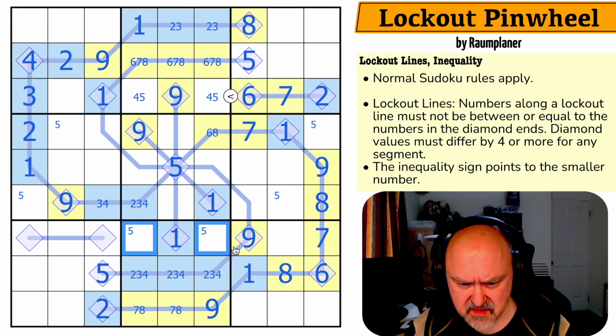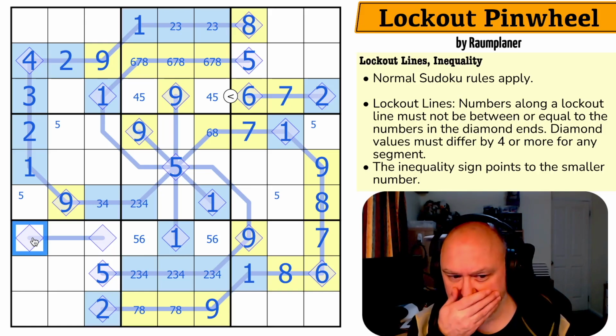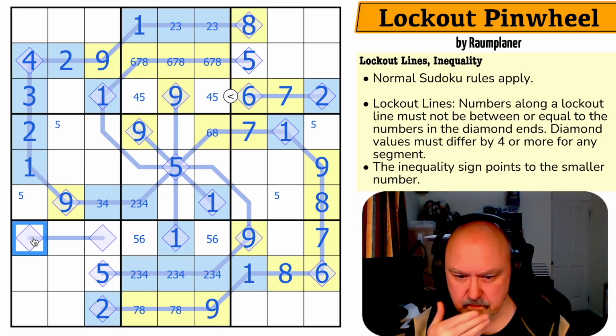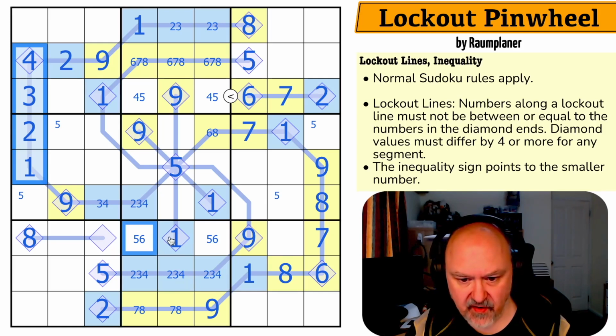This is 5, 6 to offset the 4, 5 up here. Surely I can do similar here. This has to be, no, that could be a 5. Except, no, it can't be. So this is a high digit, and it's an 8 because it sees 1, 2, 3, 4, 5, 6, 7, and 9. That's an 8.